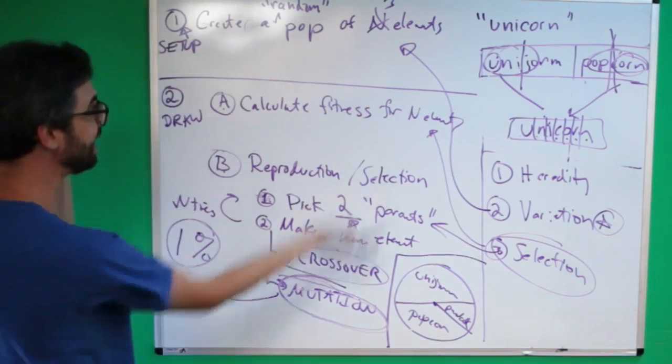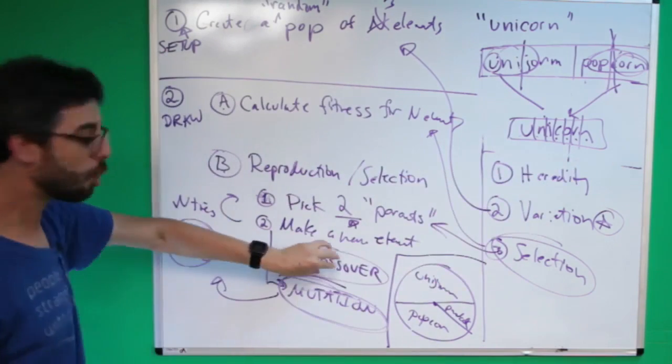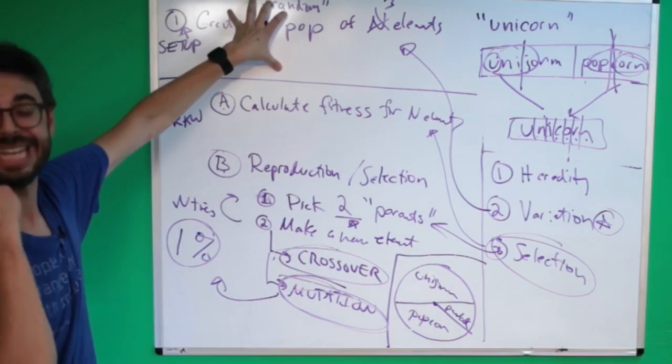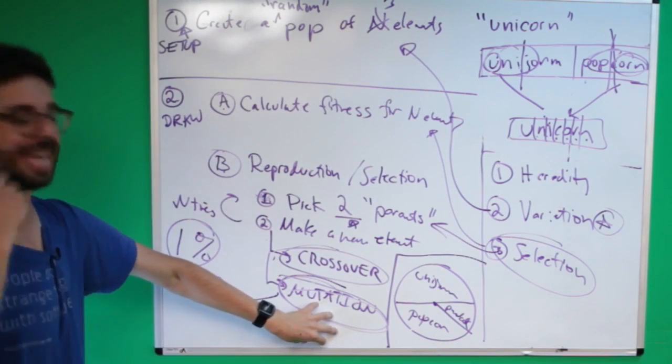So this really completes the genetic algorithm. This is the full, we have heredity as part of crossover. That's the mechanism for heredity. We have variation in the way that we create the initial population and the way that we use mutation as that last step of making the next generation.